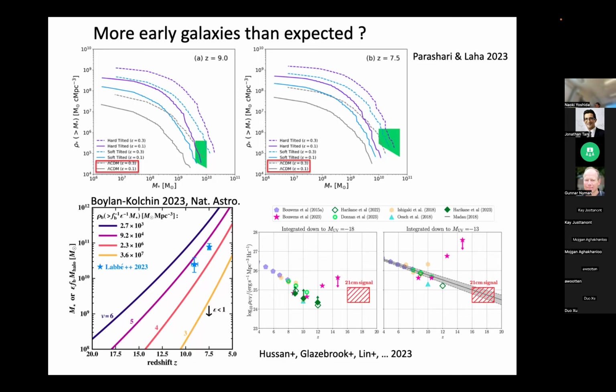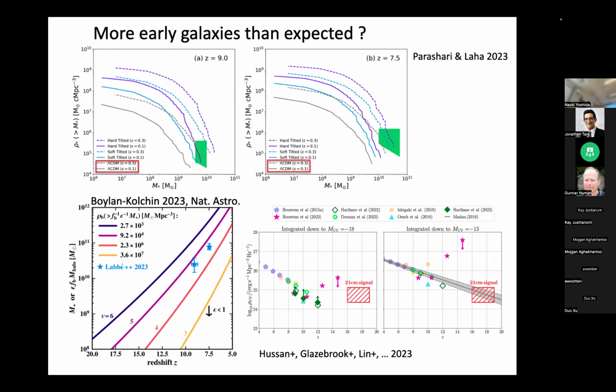But for now, the excess amount of stars or small galaxies is robust; it's fair to say there are more galaxies than expected. These solid lines are the predictions from the standard model. So obviously, unless we invoke a very exotic mechanism, like very efficient star formation in early dark matter halos or some other stuff, we can't really reconcile this observed abundance.